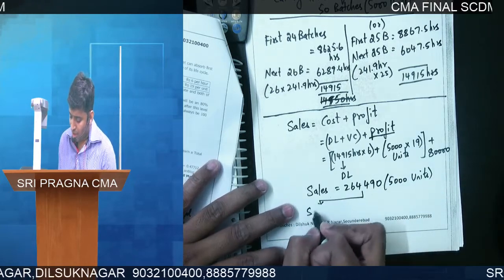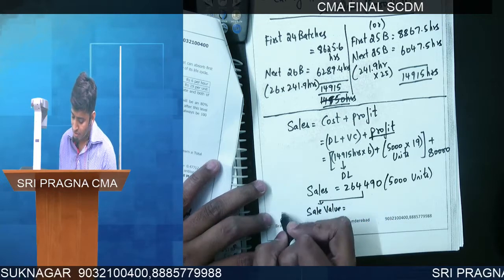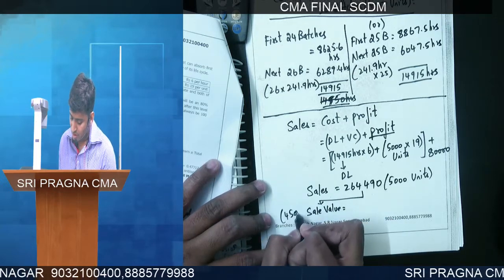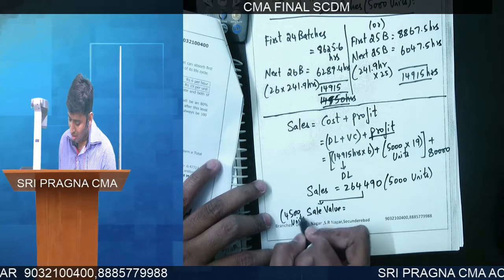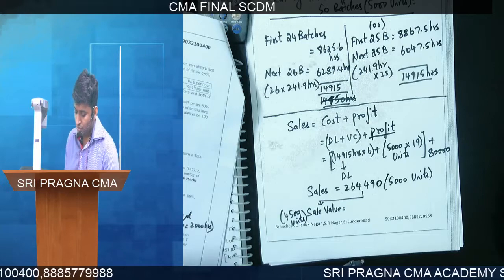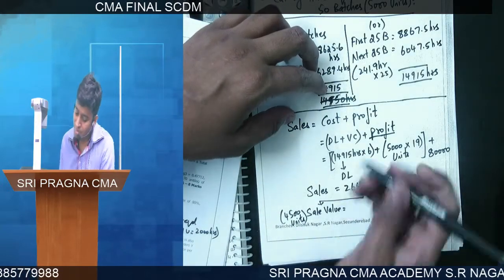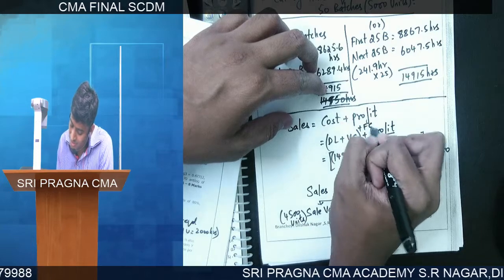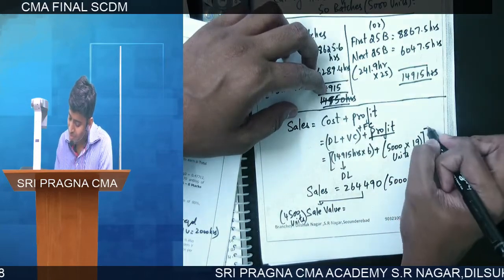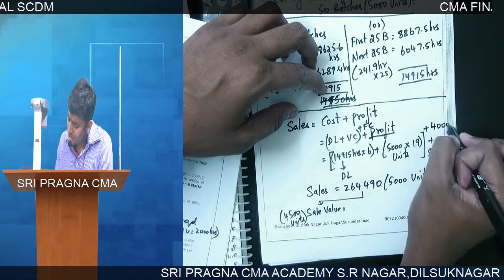In that, what is the sale value for the first 4,500 units? 2 lakh. You people missed something again. Sorry, so that's what. How can it be? Fixed cost was missing. Plus fixed cost. Plus how much fixed cost? 40,000.